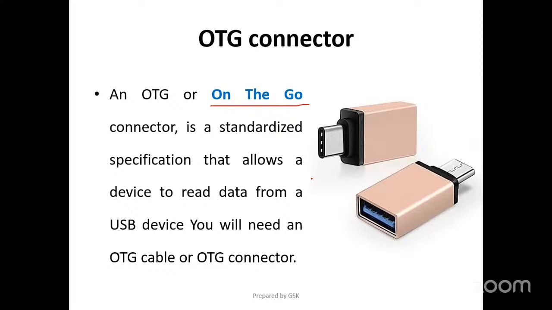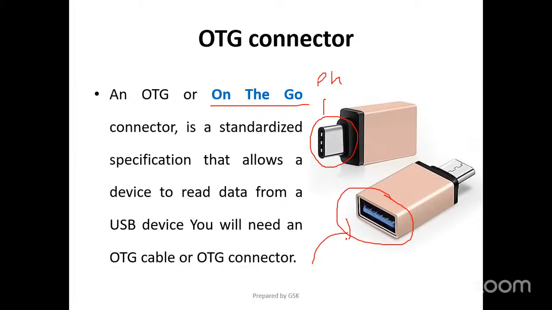For example, if you want to connect a pen drive to your mobile, which may not have a USB port, the OTG connector has a USB port and can be used with the mobile. You connect this end to the phone, and to this end you attach your pen drive.